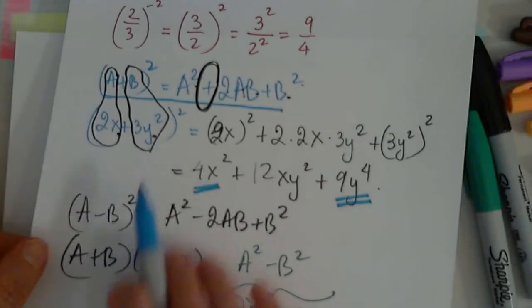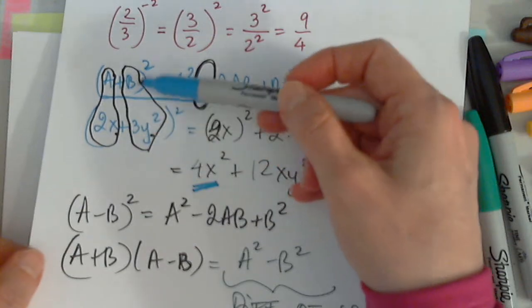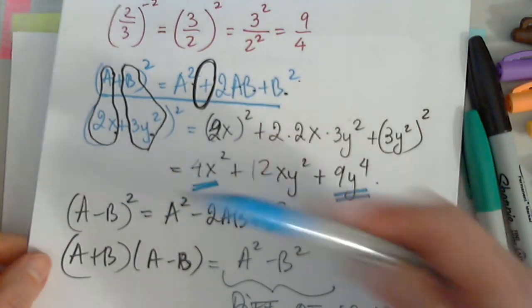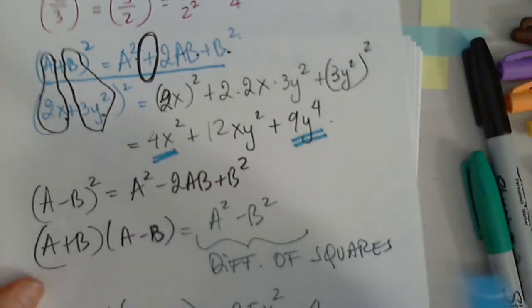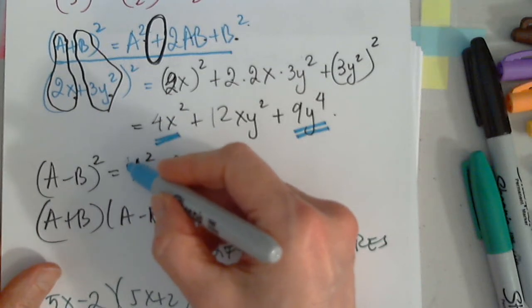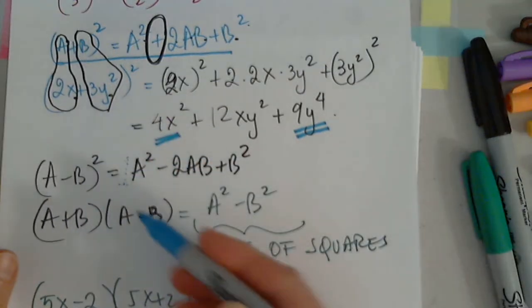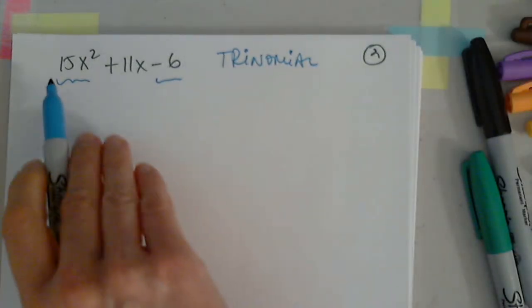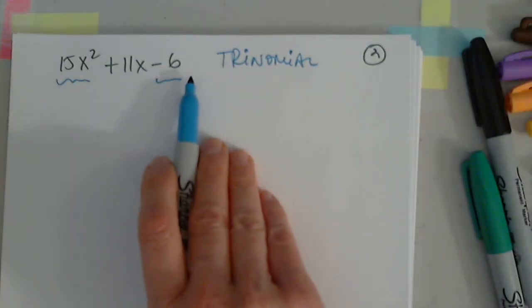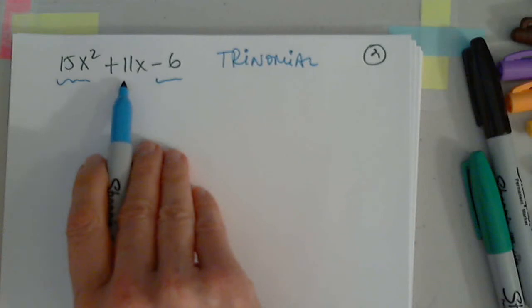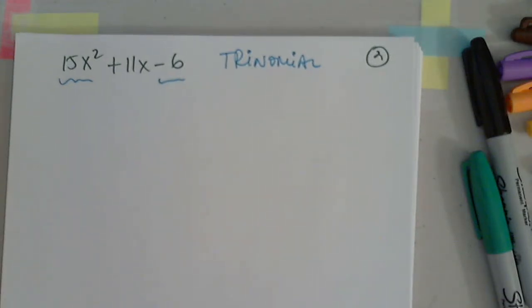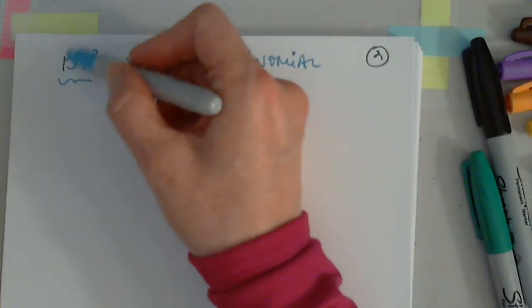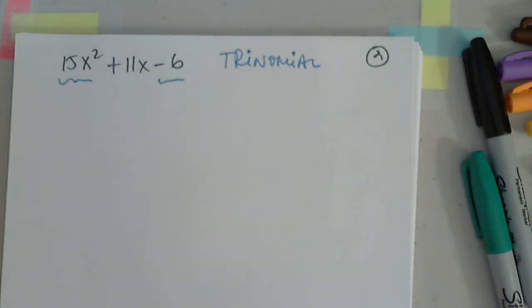No, because I like to use one of these formulas, either this or this, but I can't. Secondly, the leading coefficient has to be 1 in both situations, which it is not. Do these three terms have a common factor? No, they don't. 15, 11, and 6 don't have a common factor, and the leading coefficient is not 1.